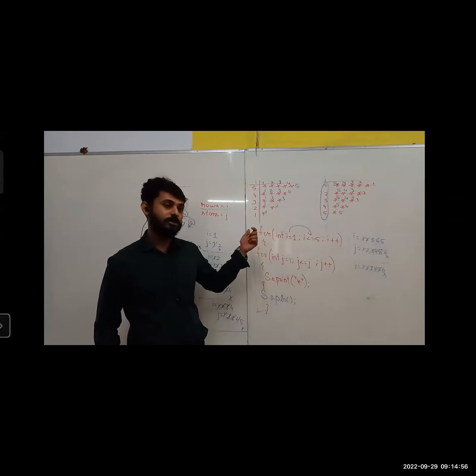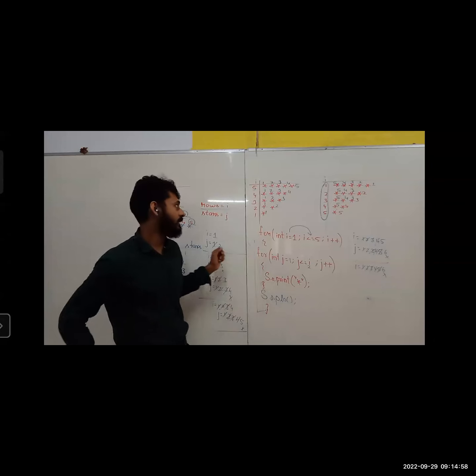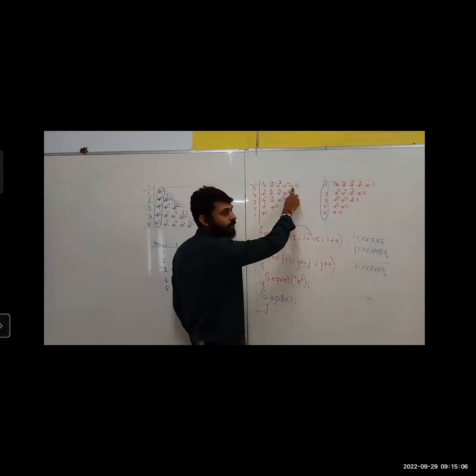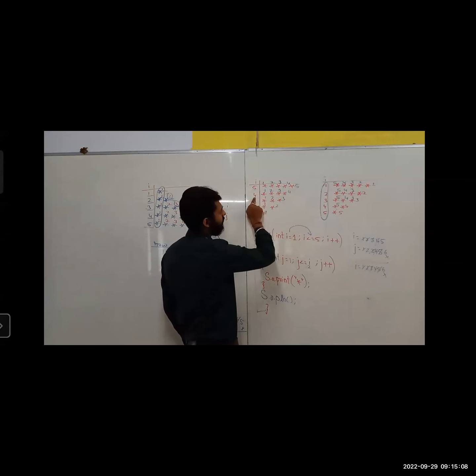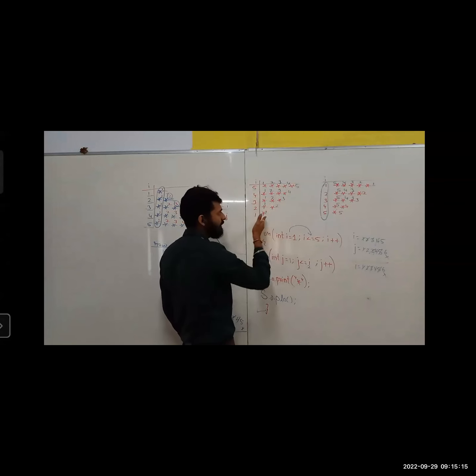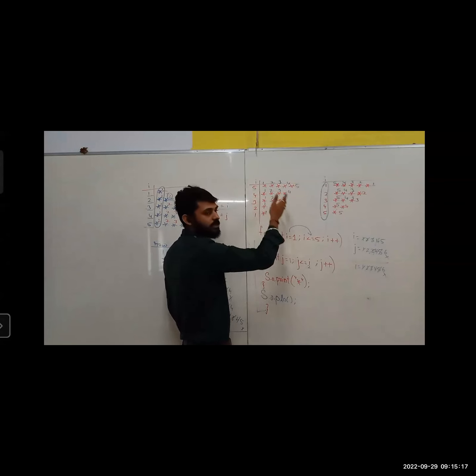Wherever I value and J value match. In this, what is the value of I? 5. Where exactly 5 is coming in J value? This position, here it will print star. In this one, 4 is coming here, means only this one. 3, 3, 2, 2, 1, 1, means only these 5 stars it will print. Inside stars it will not print.